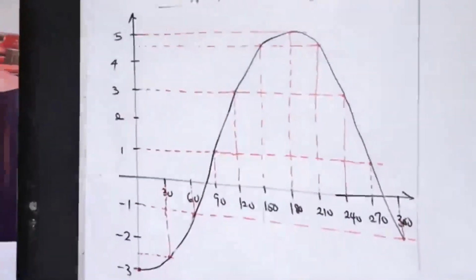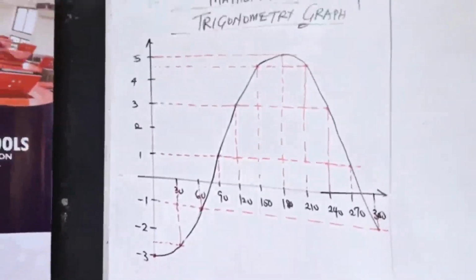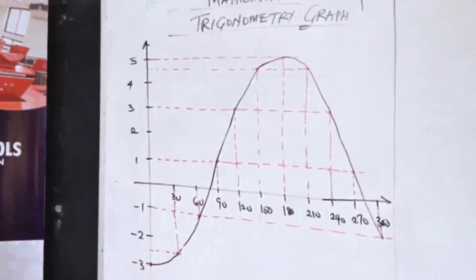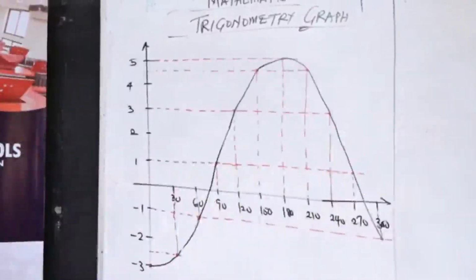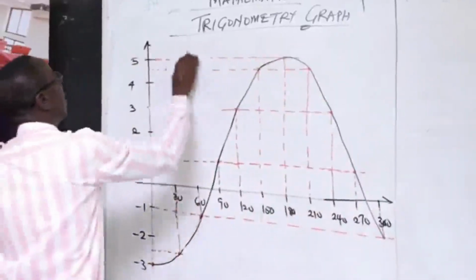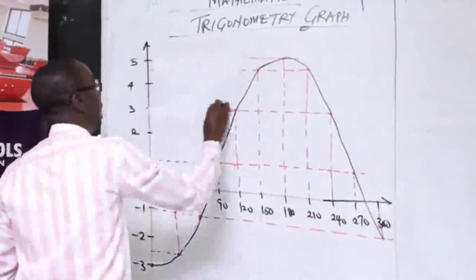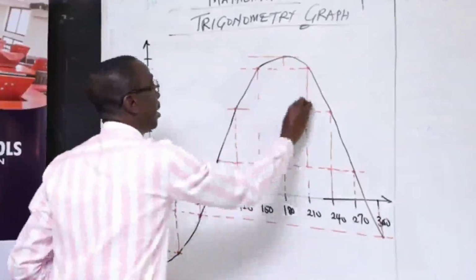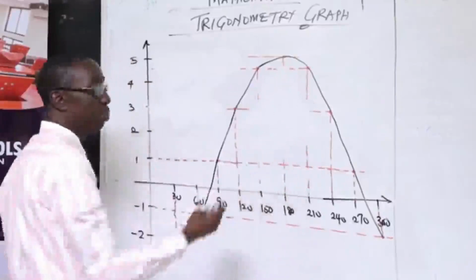This is what I expect your graph to look like as much as possible. I will try to remove my own dotted lines because they are not expected to be there. So you can see that I'm removing it. I just use those dotted lines to get my points, to try to be accurate a little on a plain board.